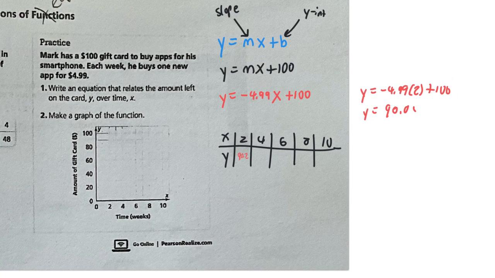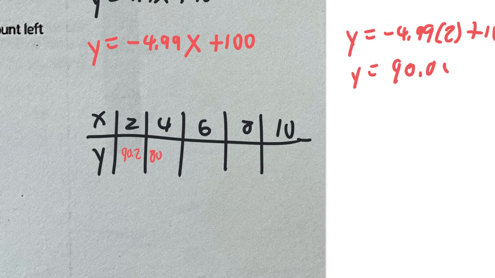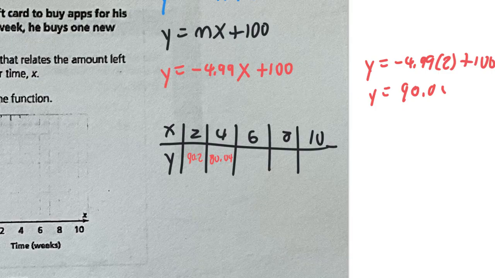And I'll just tell you what it is in my calculator right now. If you were to plug 4 in for x, that would be $80.04. And in my calculator, if you were to plug 6 in for x, that would become $70.06.